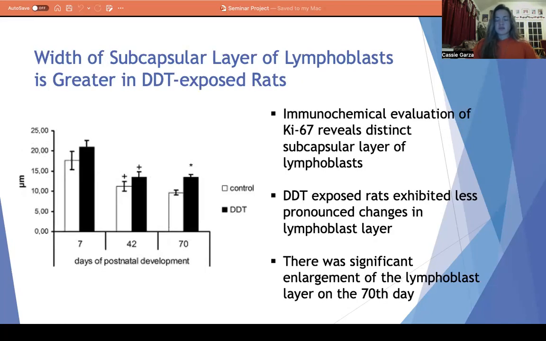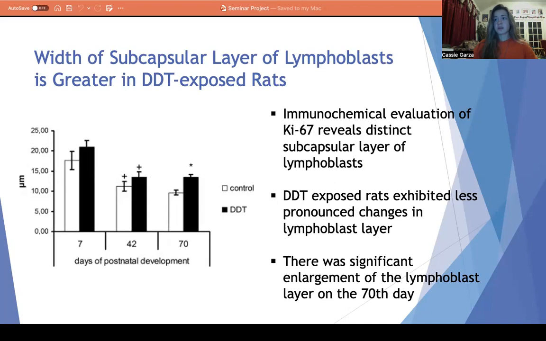So this data was gathered from the immunohistochemical evaluation of Ki-67. The immunohistochemical evaluation is a process used to assess the presence of a specific antigen by using its specific antibodies. They'll bind to each other, and that reaction can then be visualized under a microscope.